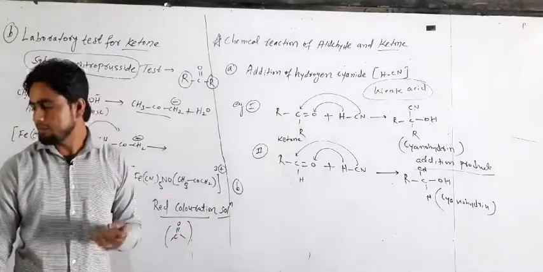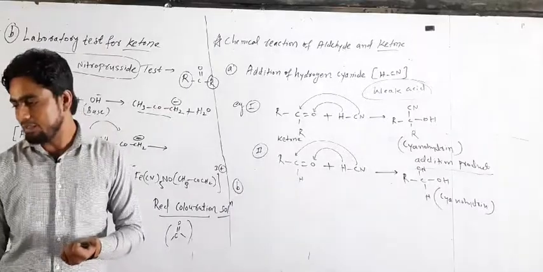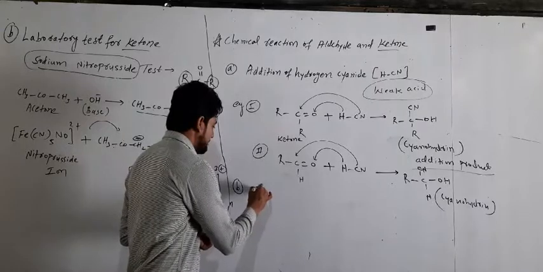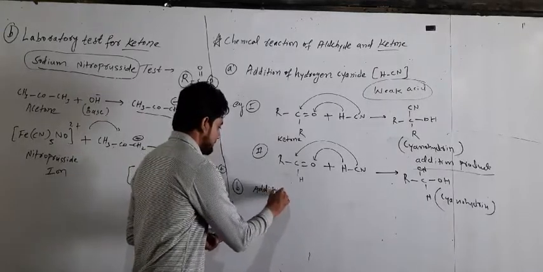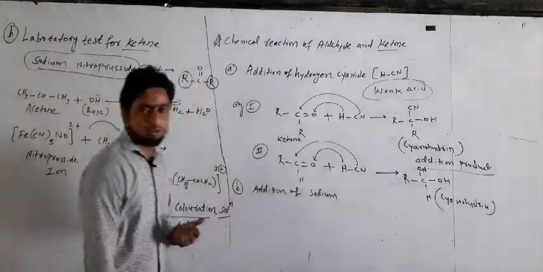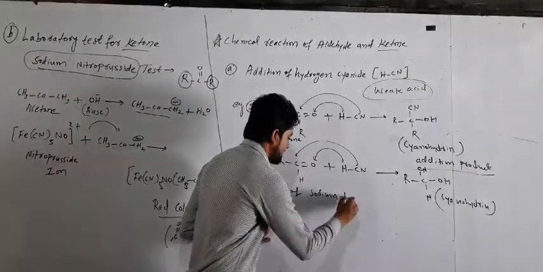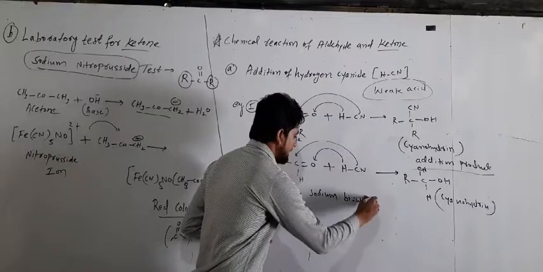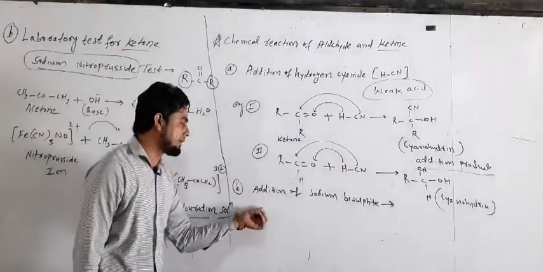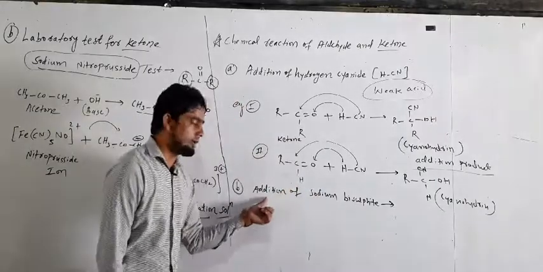Second, we take the second reaction, B. What is the second reaction B? In reaction B we take the addition of another chemical compound, sodium bisulfite. So what is the chemical reaction with sodium bisulfite? Same, it is also an example of addition reaction.